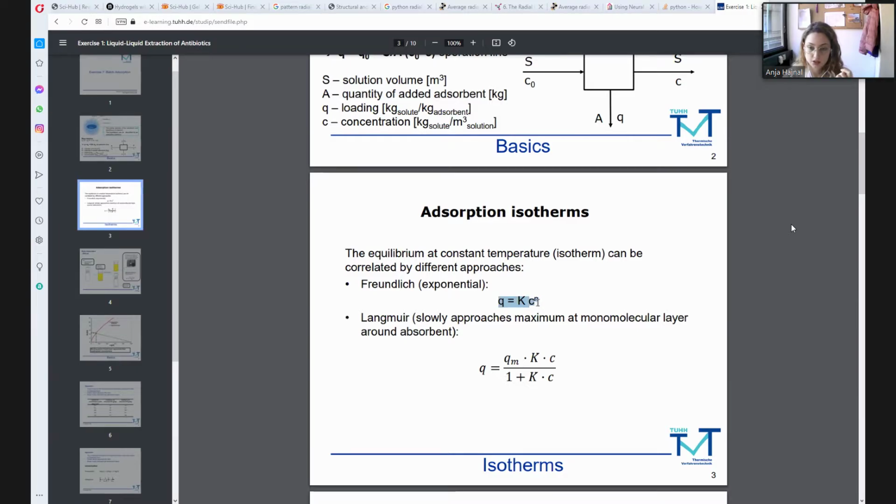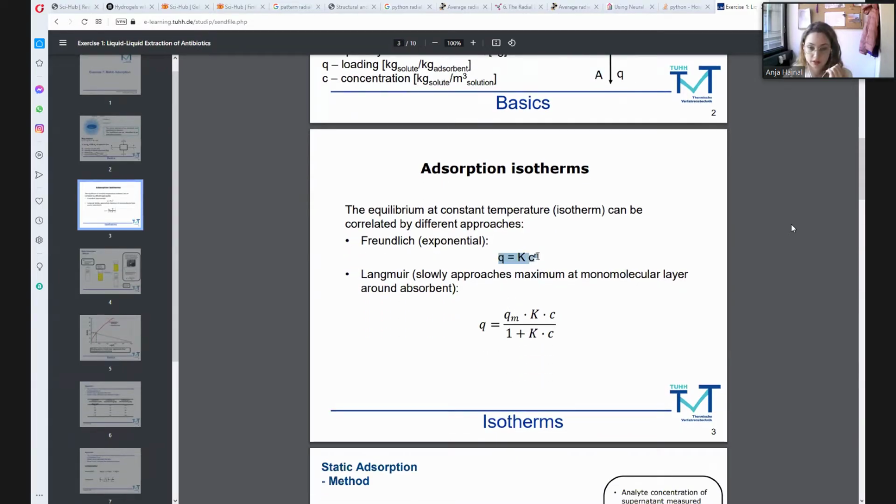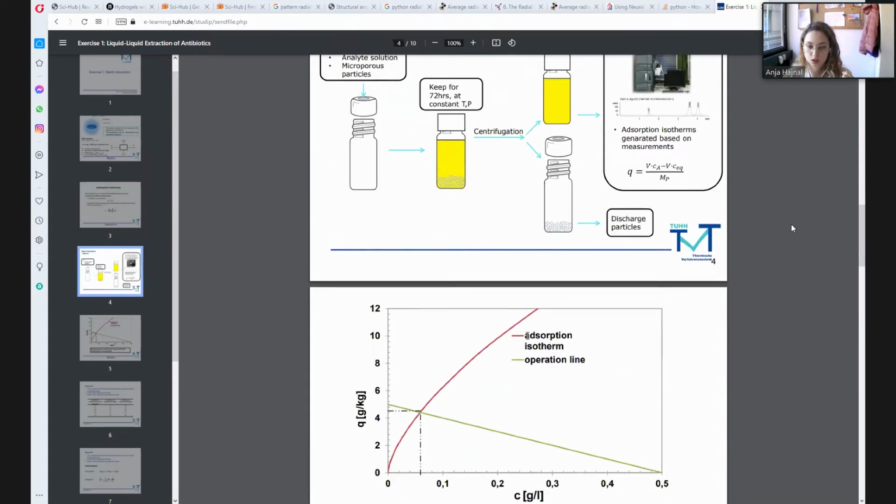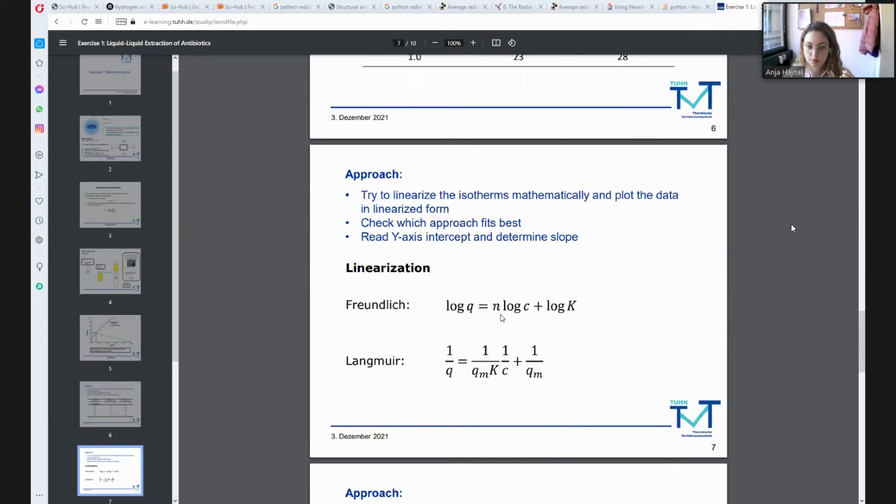And I really suggest you look this up or revise your previous math knowledge on how to linearize equations. Because here, when you have an exponential equation, for example, you would want to take a logarithm on both sides.